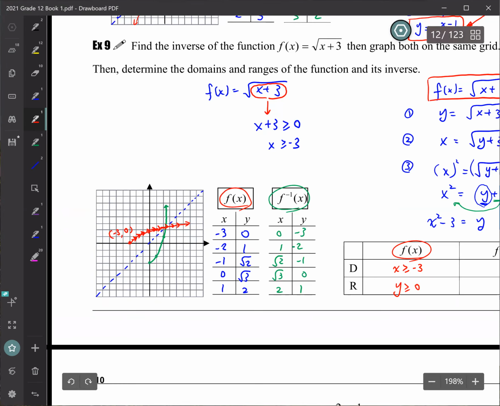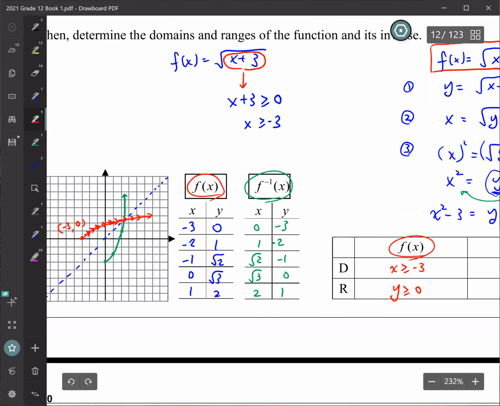Okay, so the domain and range are telling people where the graph is. The graph is on the right side of -3 and also above 0. The X is about left and right. The range, the Y, is about above and below. So it's describing where the graph is. Okay, so that's for the original.